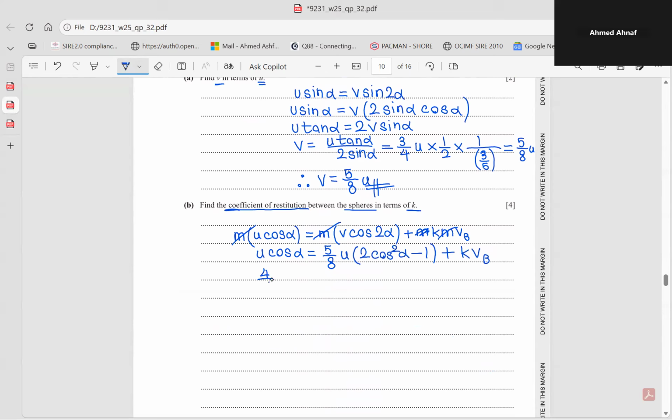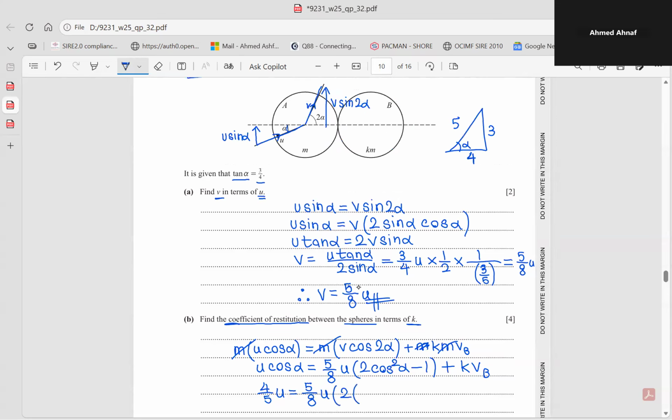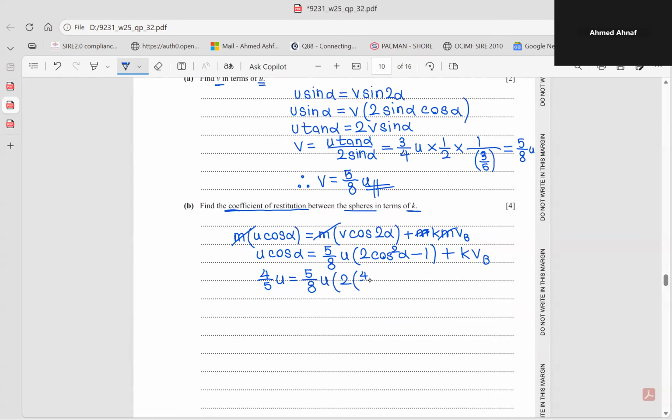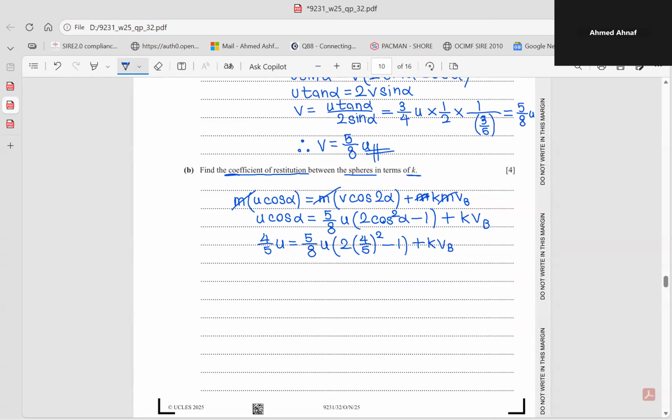So 4 over 5 u equals 5 over 8 u times (2 times cosine alpha squared minus 1), plus k VB. Doing it, 2 times 4 over 5 squared minus 1, times 5 over 8, is 7 over 40 u, plus k VB.